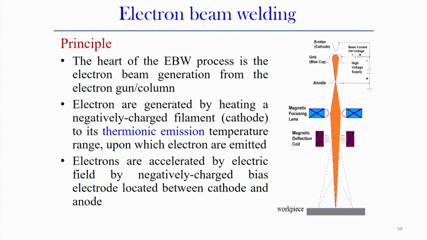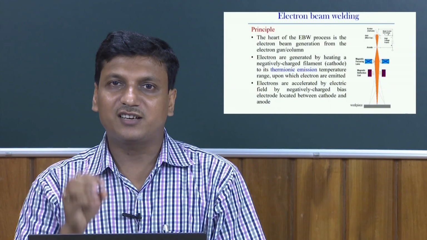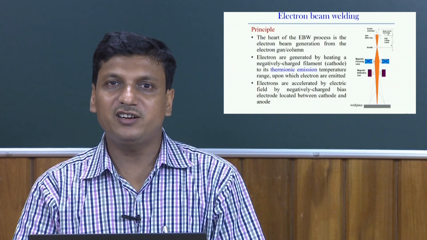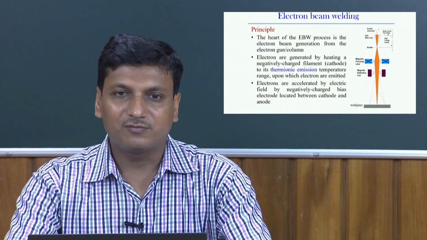Now, when electrons are emitted, the machine controls and accelerates these electrons, so that the high kinetic energy of the electrons can produce heat energy.